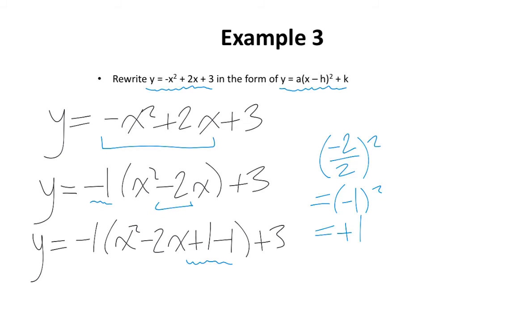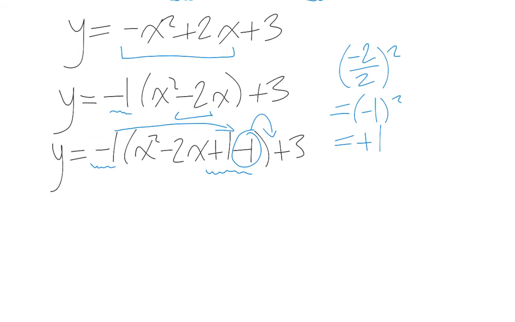At this point, you want to take a close look at negative 1. You want to move it outside of the brackets. However, when you move it outside of the brackets, you have to remember to multiply by the coefficient of the brackets. And the coefficient here is -1. Which means we're going to have to multiply -1 by -1 before it can exit the brackets.